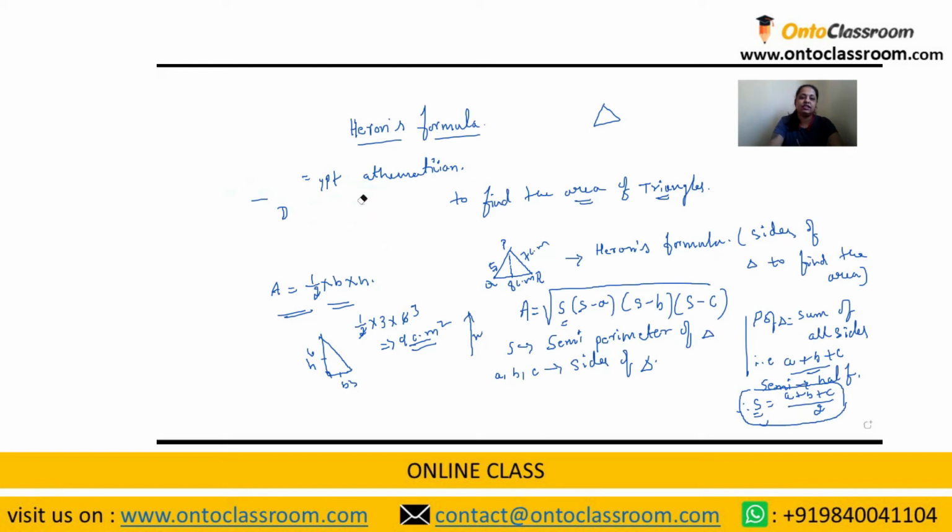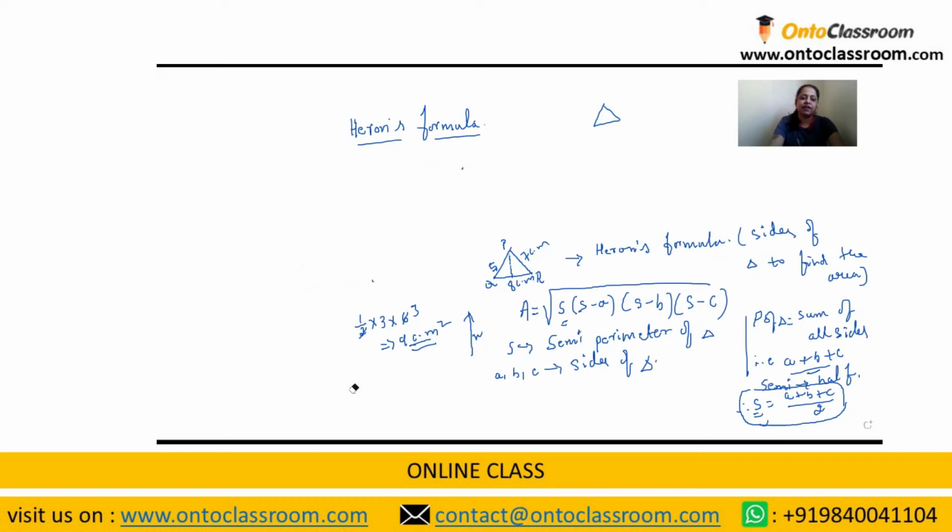I will consider this example only, which is here, triangle PQR. I will apply Heron's formula to find the area of this triangle PQR with sides 5 centimeter, 7 centimeter and 8 centimeter. Now I am applying the values to the formula, which is already here.